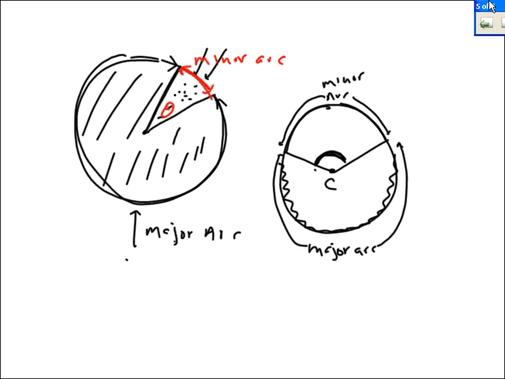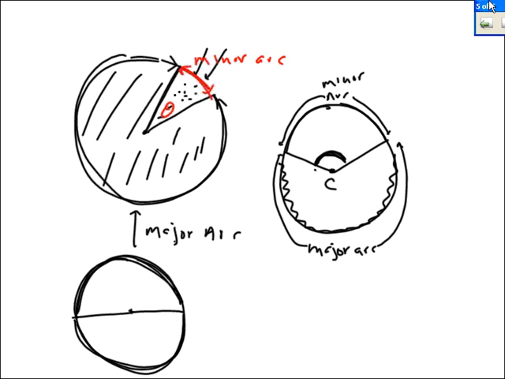Now, you may say, well, what if the angle is 180 degrees? This is 180 degrees. And so is this. Doesn't matter which one you talk about. That's an arc and that's an arc. They're the same lengths.